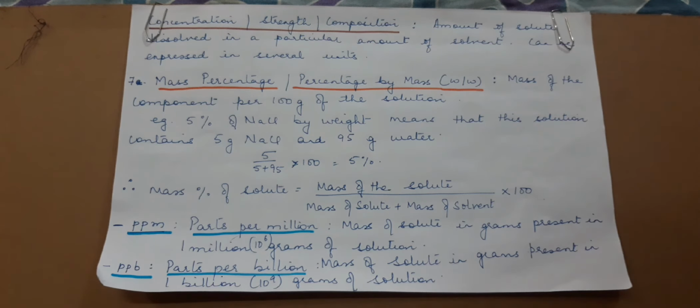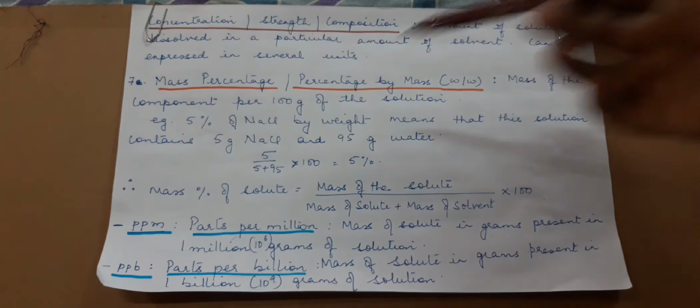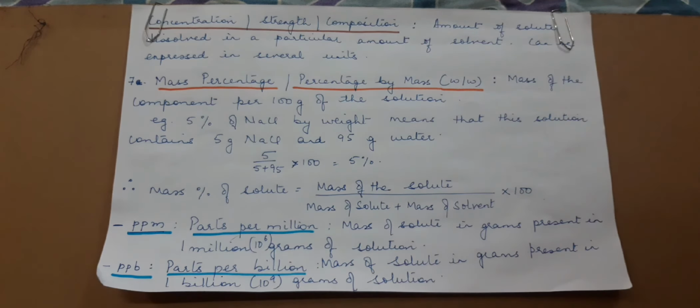Okay, strength also is almost the same. The amount of solute dissolved in a particular amount of solvent, we say is the strength. So they can be expressed in different ways. The first way in which we can express the strength of a particular solution is mass percentage, or percentage by mass.